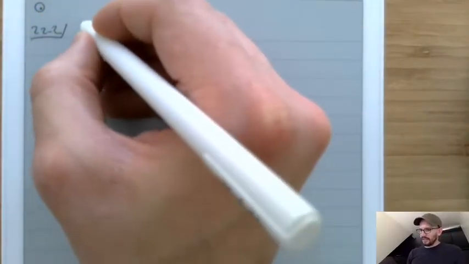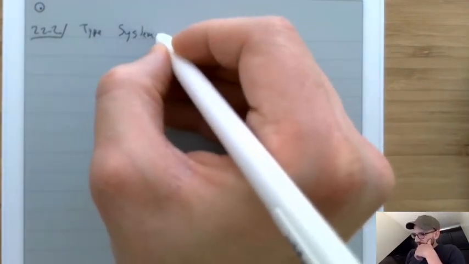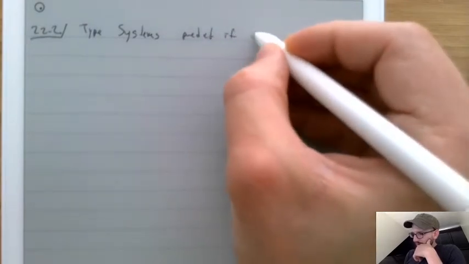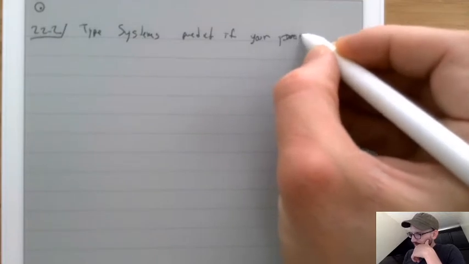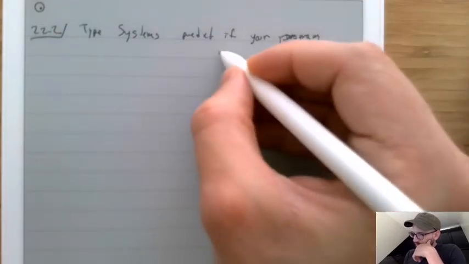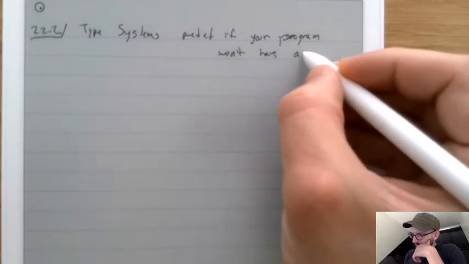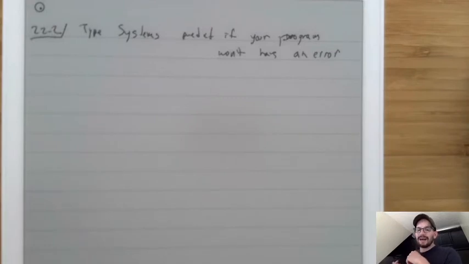Okay, so type systems predict if your program won't have a problem. Notice that I'm not saying it predicts whether your program will have a problem. It predicts whether it won't have a problem.